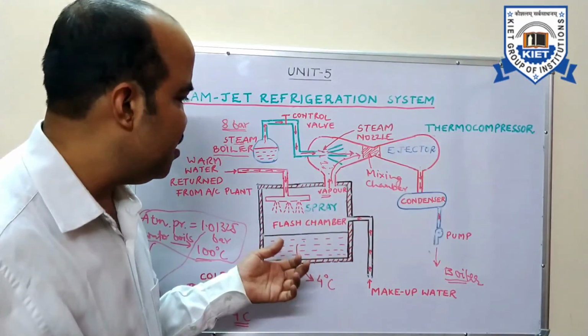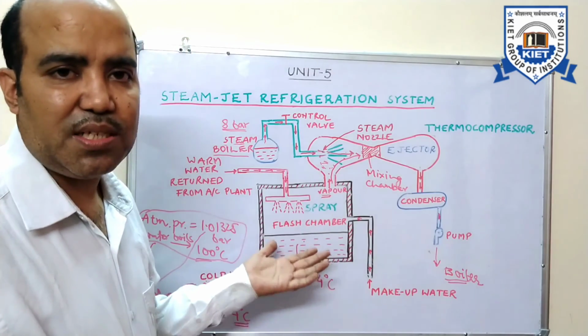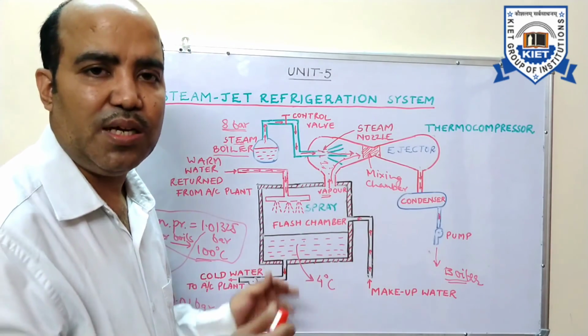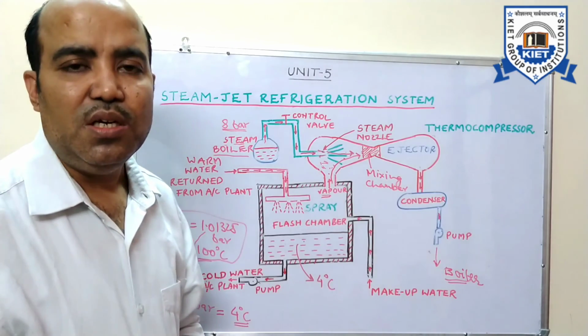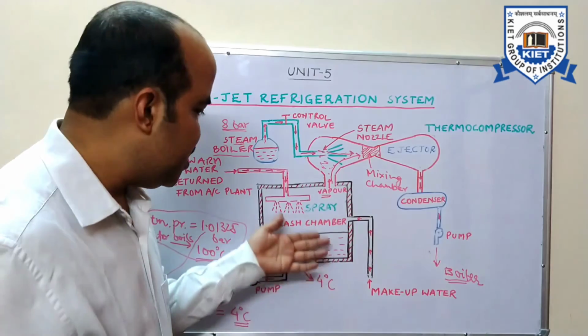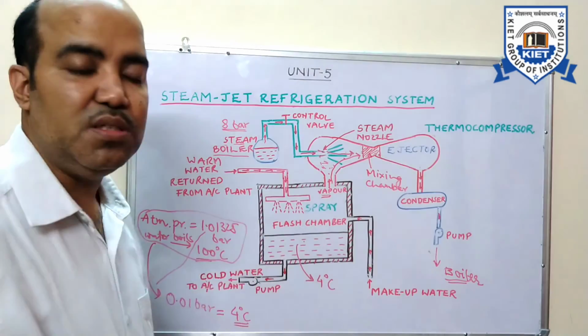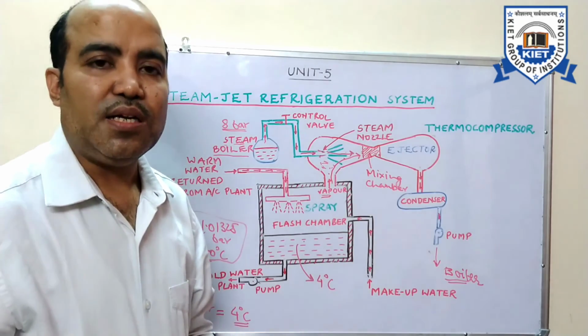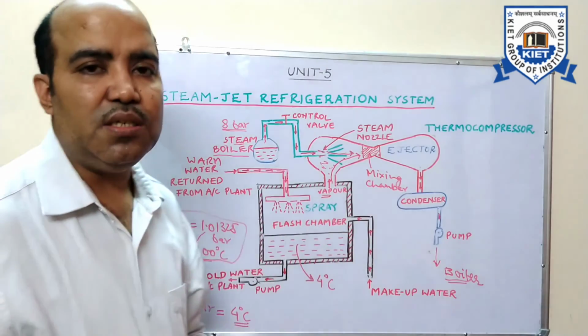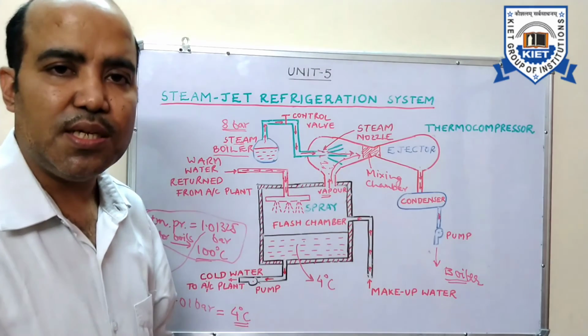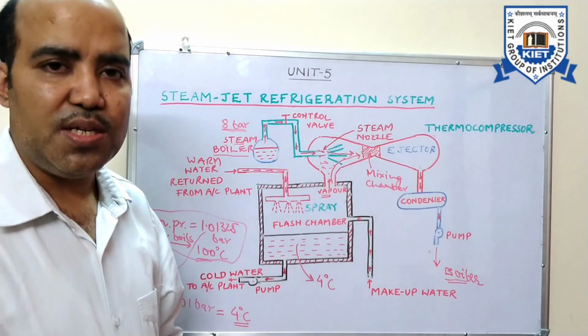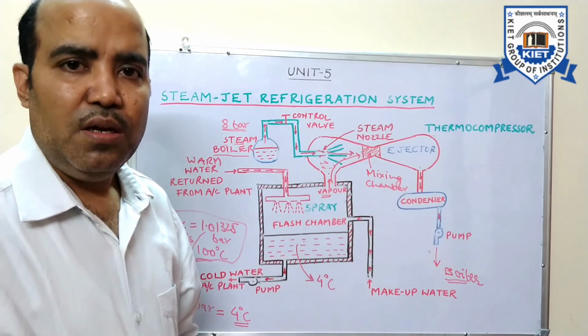The size of the flash chamber required is also very large because the specific volume is very high at a low pressure of 0.01 bar. As far as its usage is concerned, it is used in the paper industry, textile industry, breweries, etc.